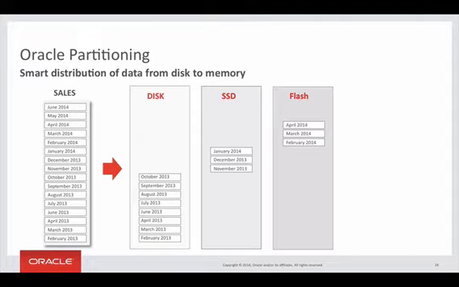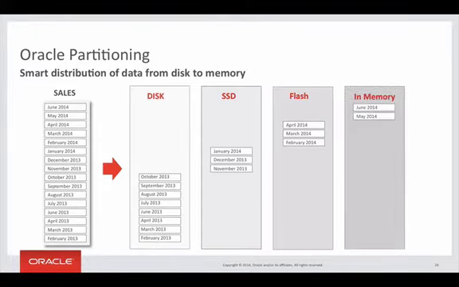So for example, they'll all of course reside on disk where they're stored, but that disk may be traditional spinning disks, it may be SSD, it may even be flash. And because they've got their own separate physical attributes, a subset of them could appear in the in-memory column store.